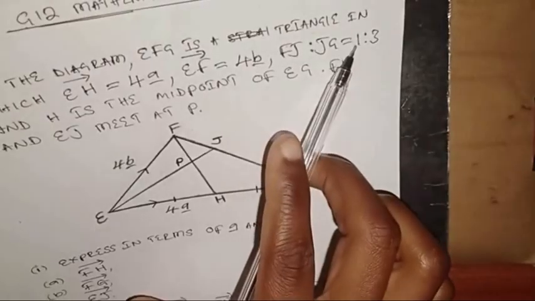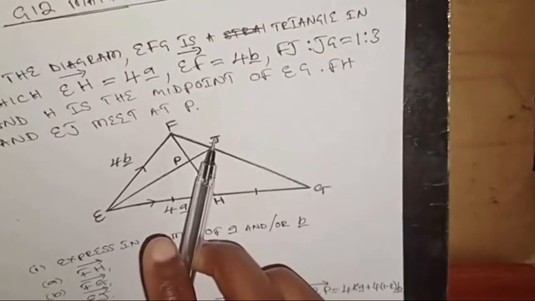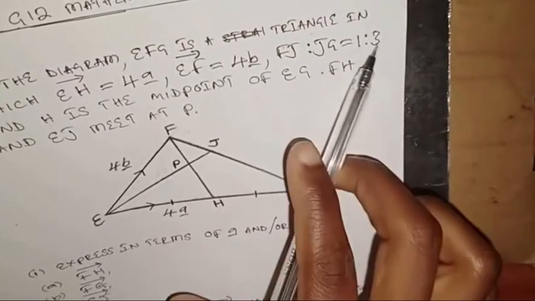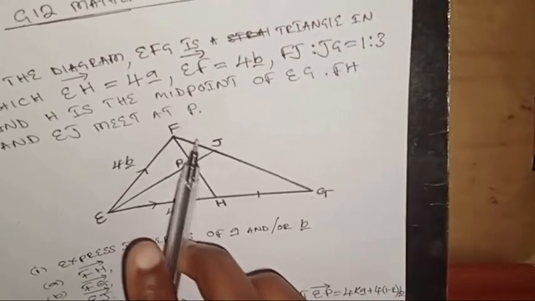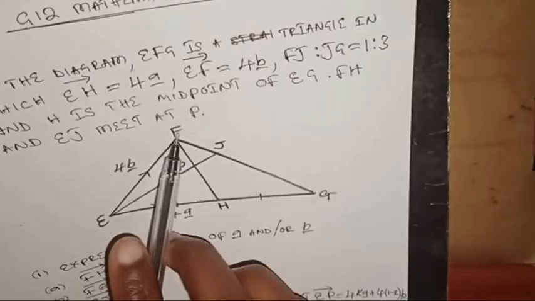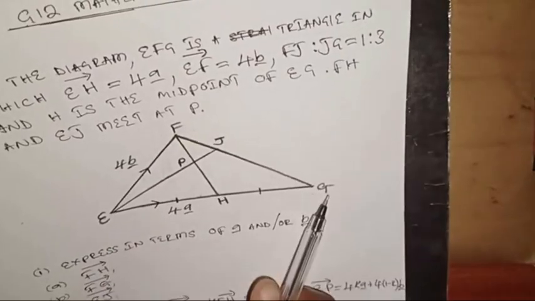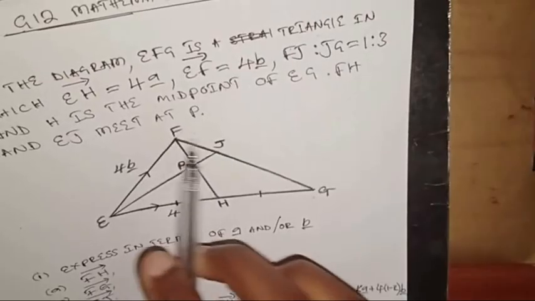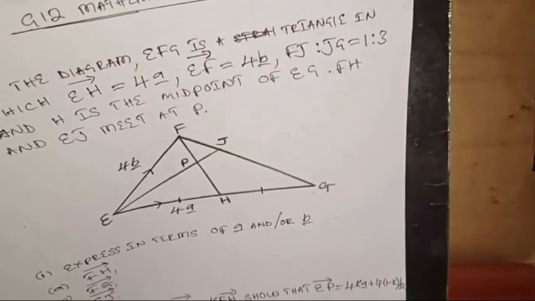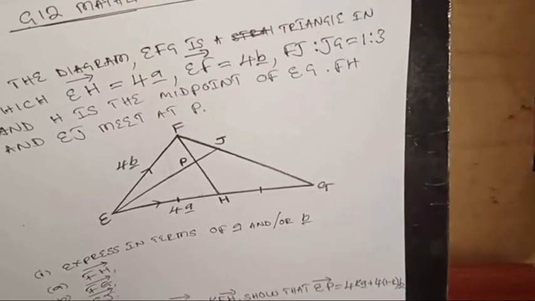We have been told that it equals 1, not so. Then JG equals 3. So there's a 3 here. So if we were to add this 1 here and this 3 here, this whole length from F to G will equal 4.